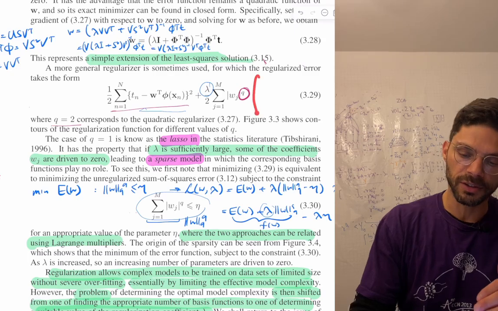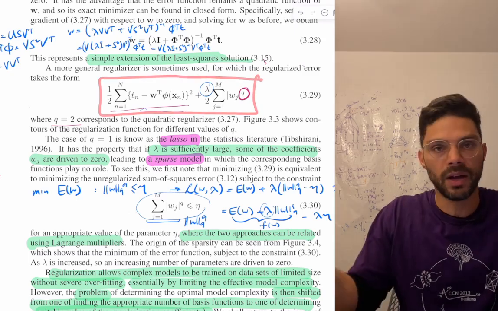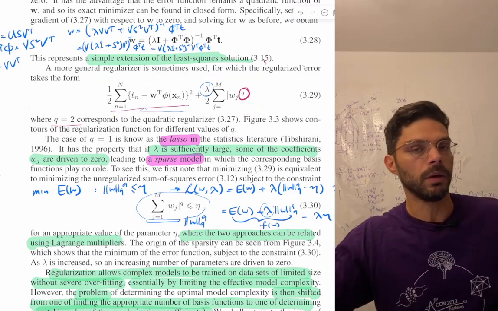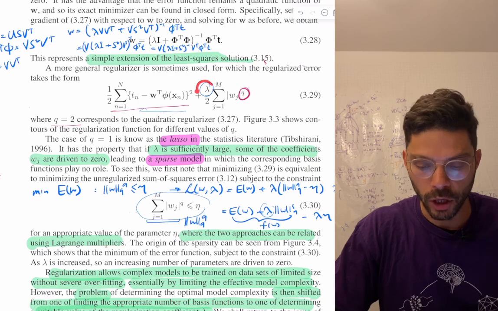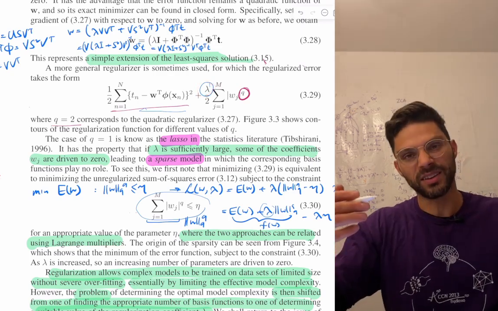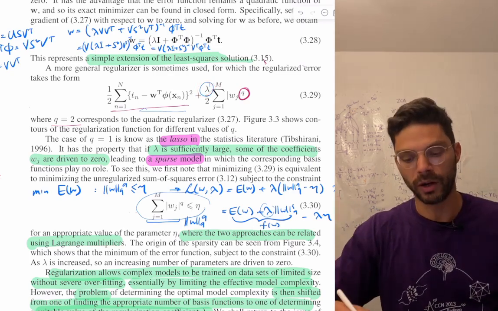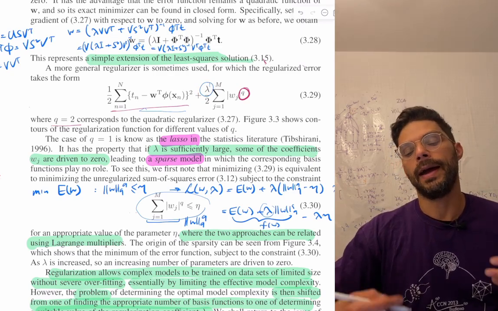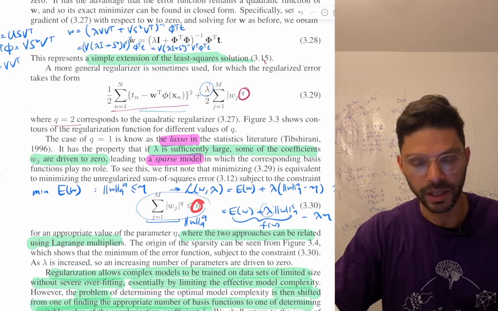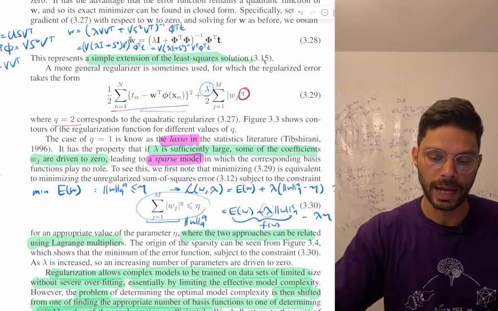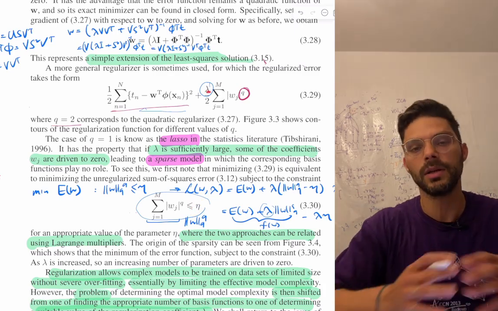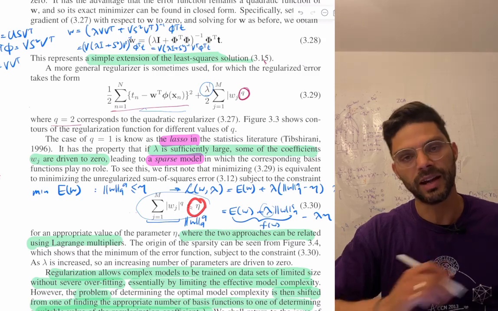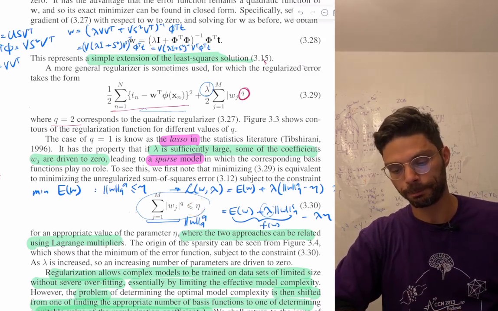Although this looks like an unconstrained problem, you're just minimizing over w, and no one tells you to keep it bigger than this, smaller than that, it just so happens that for each value of lambda, you get the same solution as if you did constrain the weights, and this value of eta depends on lambda. The larger lambda is, the tighter the constraint you're trying to enforce. The smaller lambda is, the easier it is to satisfy this constraint.